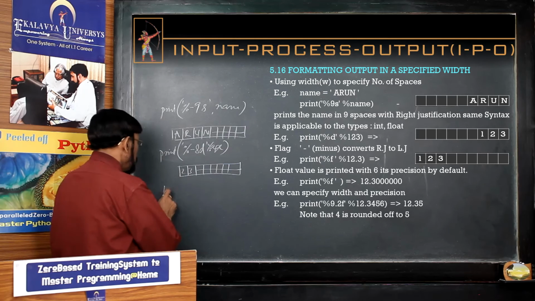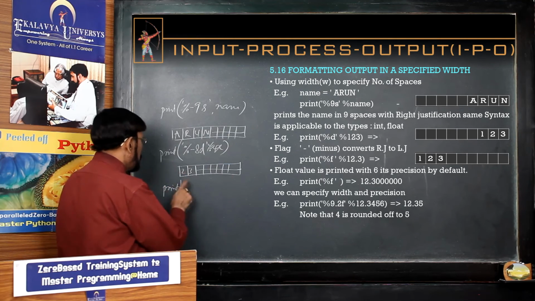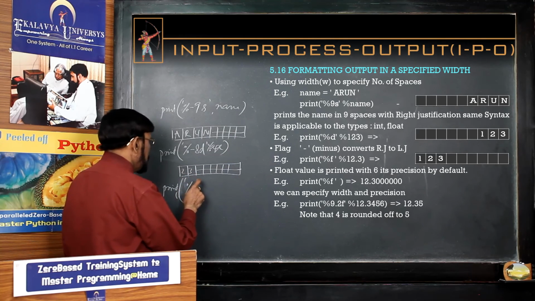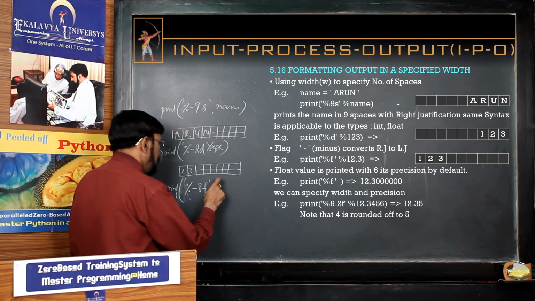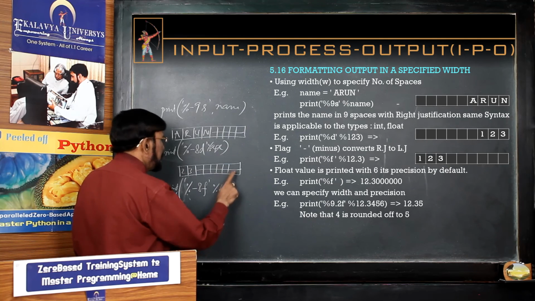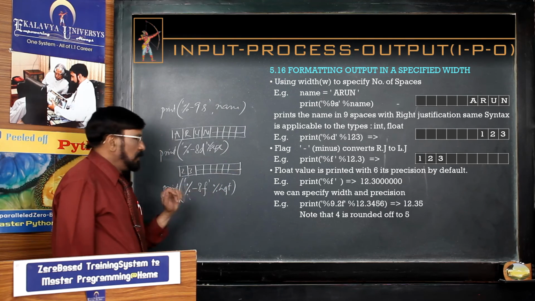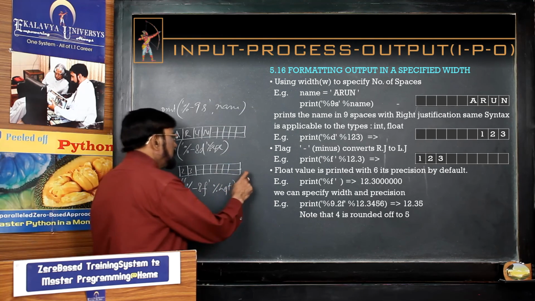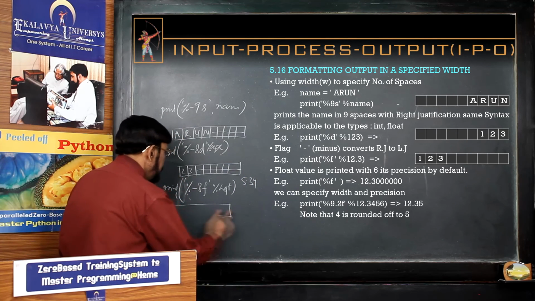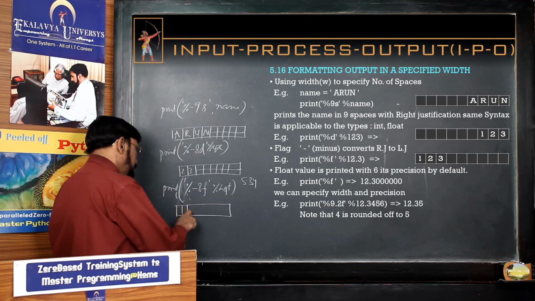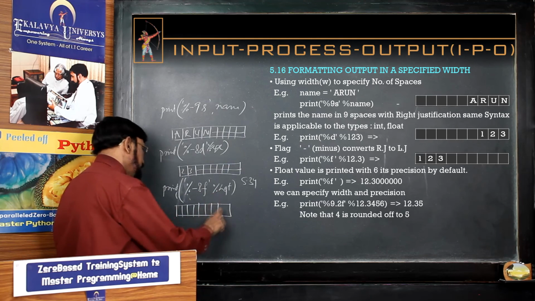The same principle is applicable for float also. Float also, that you see: %-8.1f, the height. Now, let us assume the same example, 5.34. Then what happens? 8 spaces are to be allocated: 1, 2, 3, 4, 5, 6, 7, 8.